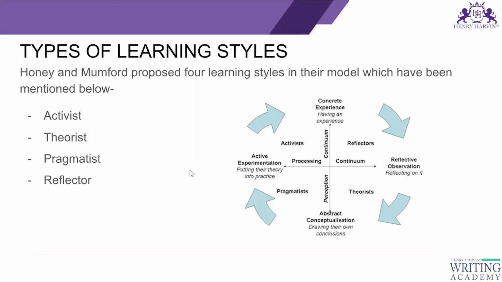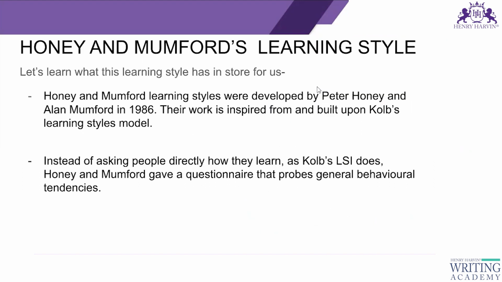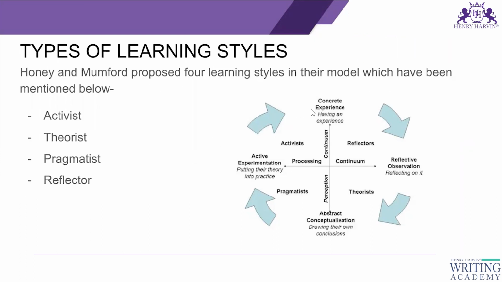These are the 4 learning styles they have. As I said, this is built upon Kolb's learning style model, so the stages of learning are the same as in Kolb's, but the learning styles they have altered and changed.